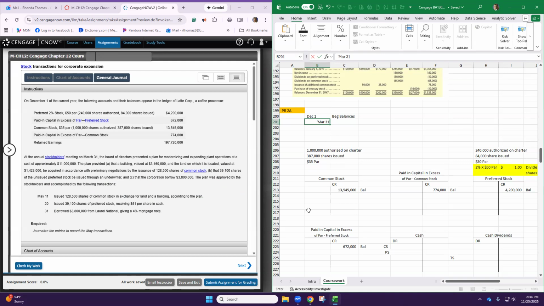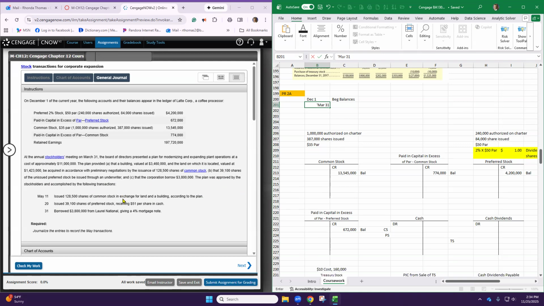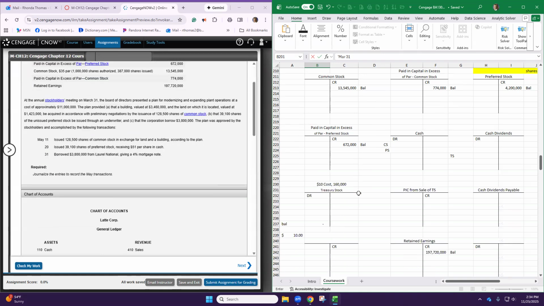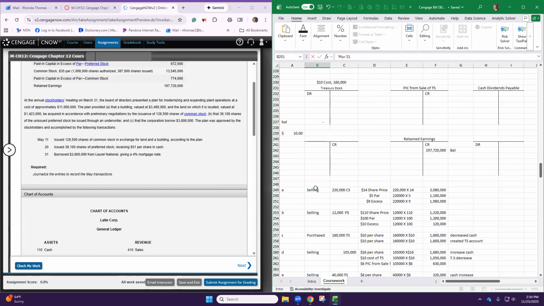Okay, so we have May 11th. And I'm going to bring this down here because we've got to do some calculations before. So this is going to be May 11th here. Okay, so they're going to issue or sell more common stock.